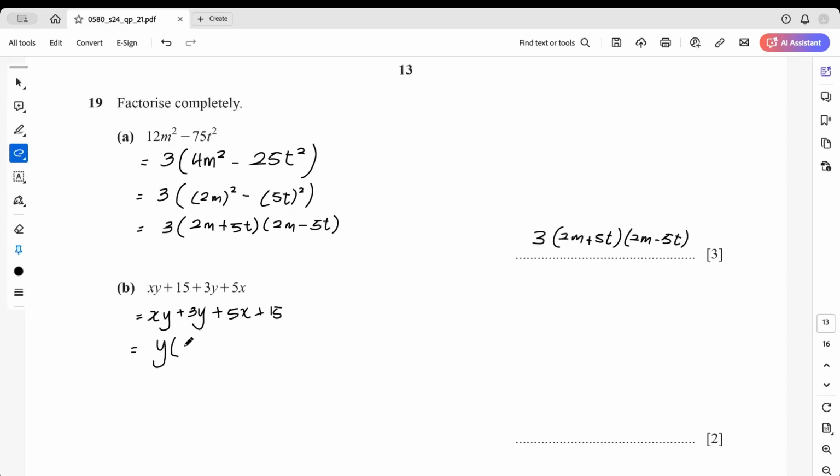Here, I have a common y, so I take out that. And for the third and fourth term, I can take out a common factor of 5. And now I see x plus 3 here and x plus 3 here. Bring it into one bracket. And the remaining, that is not within a bracket, put it into another one. That's your fully factorized form.